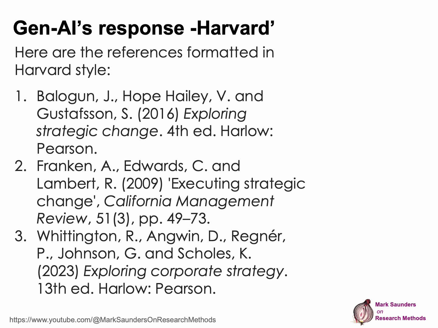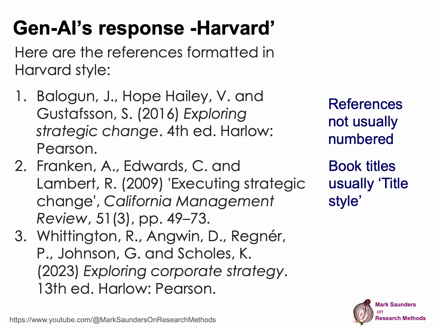And here it comes back and says, here are the references formatted in Harvard style. Again, we need to remember that references are not usually numbered, and yet it's done that. Here, when we do book titles, we normally do them in title style. That means all the main words in the title have capital letters.